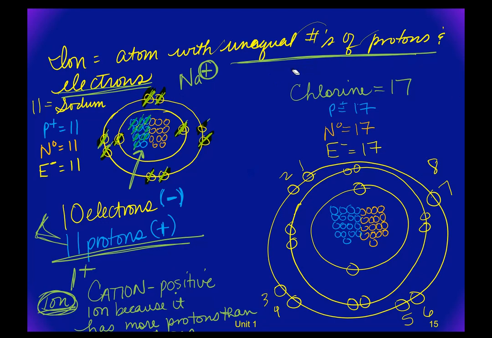Now, this is the only thing. How many protons do I have in that chlorine? 1, 2, 3, 4, 5, 6, 7, 8, 9, 10, 11, 12, 13, 14, 15, 16, 17. I have 17 protons, right?